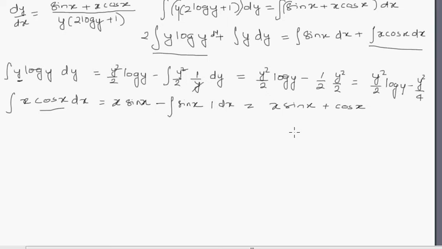Now we're going to put these terms in. The integral of this is y squared over 2. The integral of this is negative cosine of x.